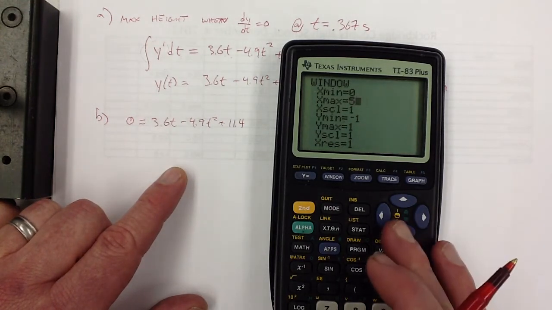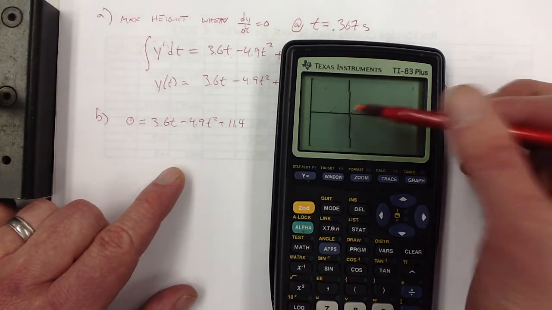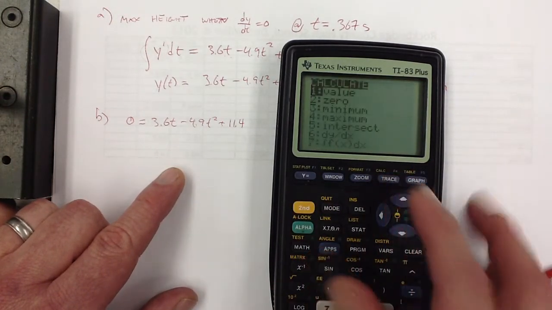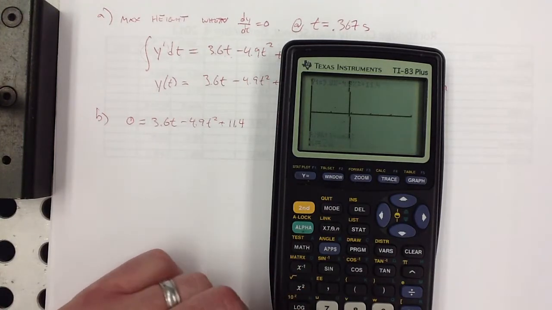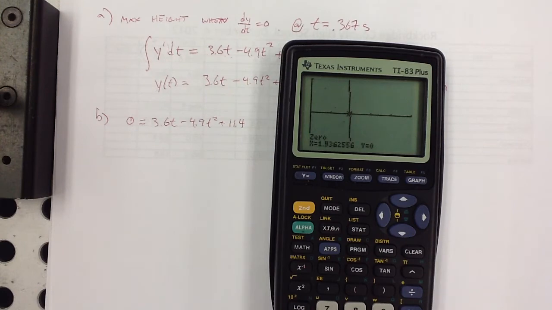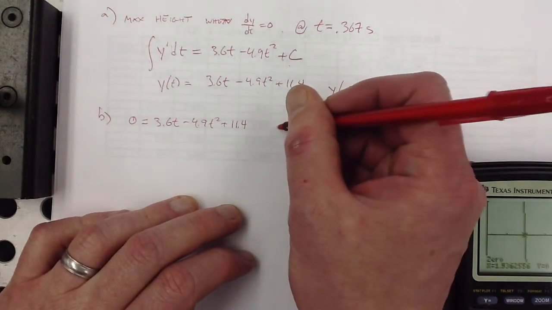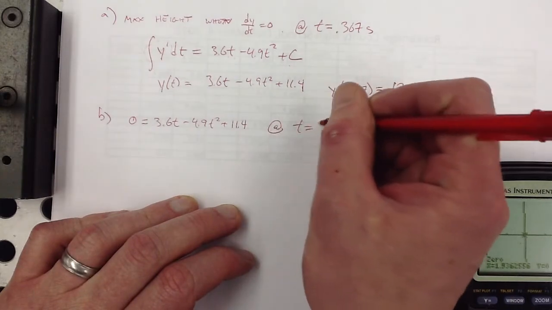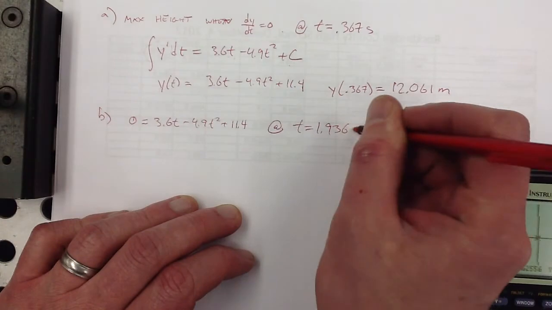Probably not more than 5 seconds, and we only care about where it crosses, so a little bit less than 2 seconds it looks like. Let's find that 0, which is in between 1 and 2, at 1.936 seconds.